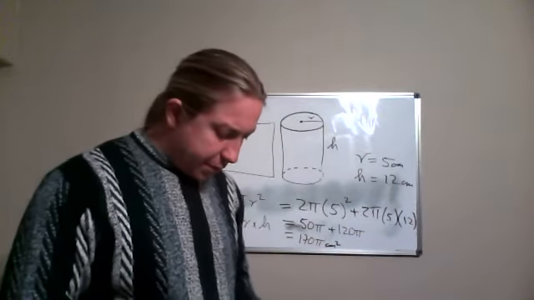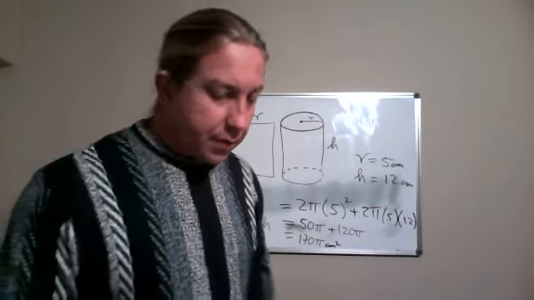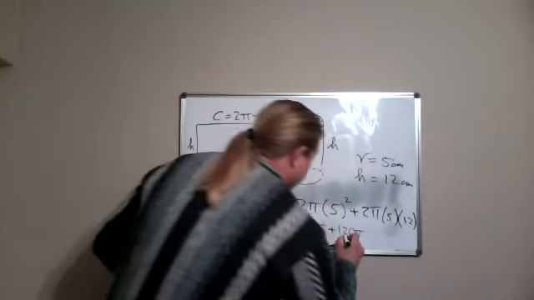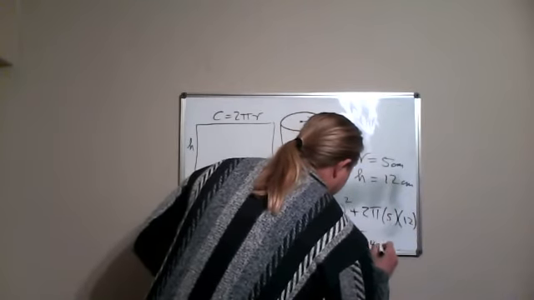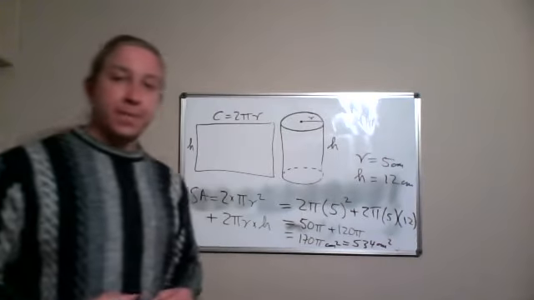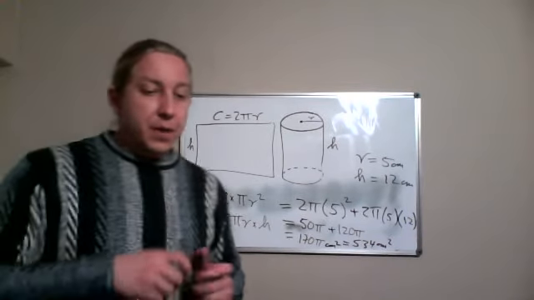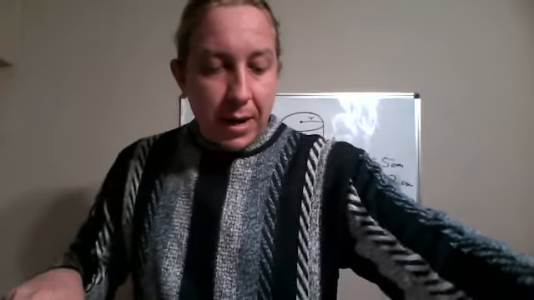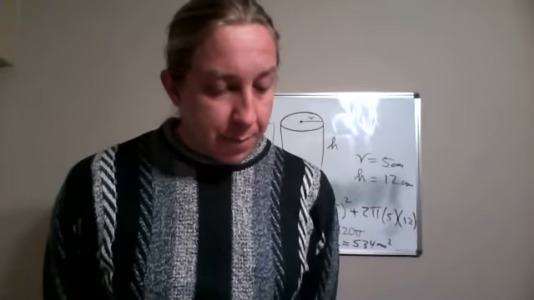Yes, I get 534.07. So 534 is correct. Centimeters squared. Okay, cool, guys. So that is how we work out the surface area of a cylinder.